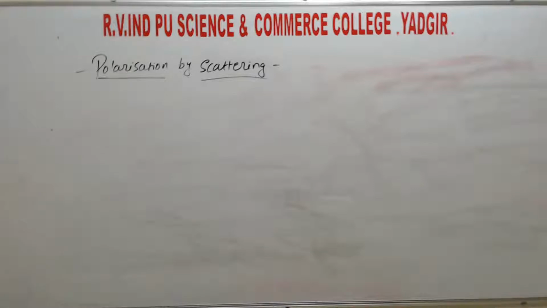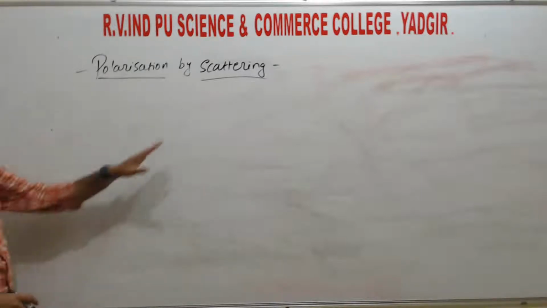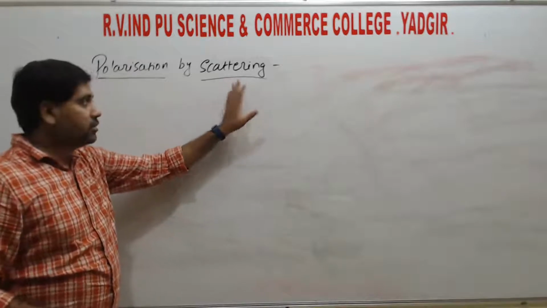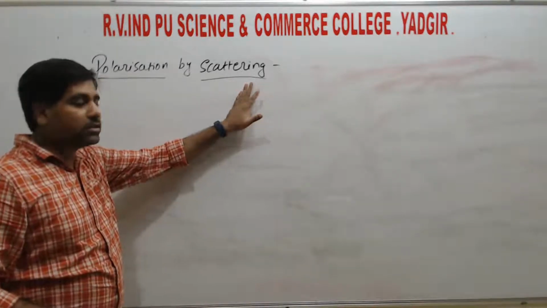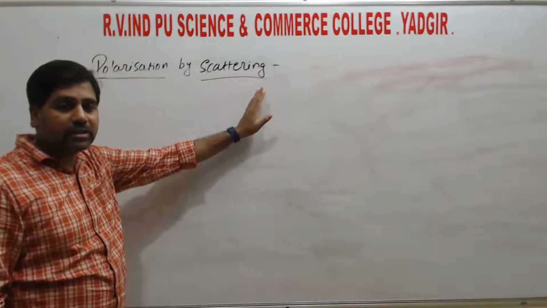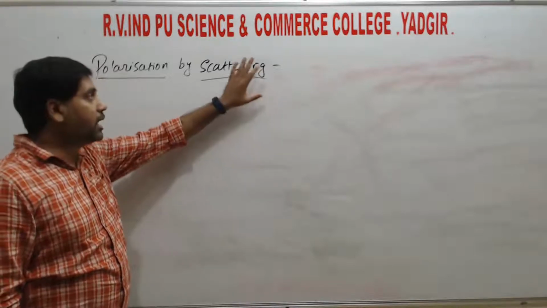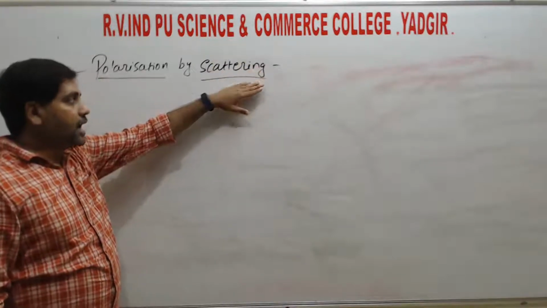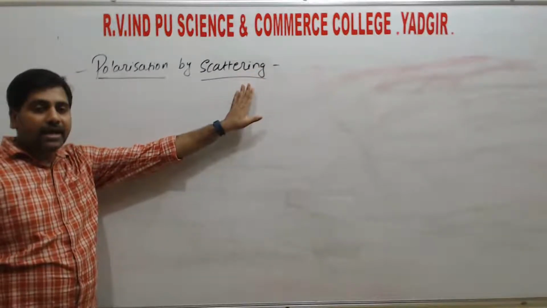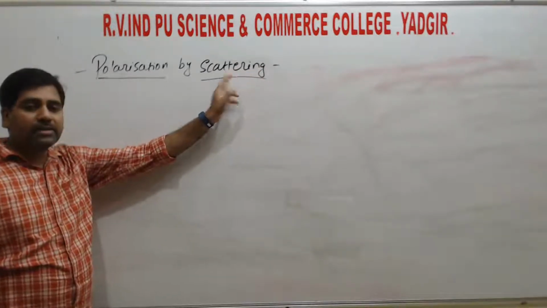So what is scattering? Already we studied scattering in ray optics, right? So what does scattering mean? That is when a ray of light, the sun rays, travels in a homogeneous medium, then the light rays are scattered, that is, they change direction. That one we call scattering.